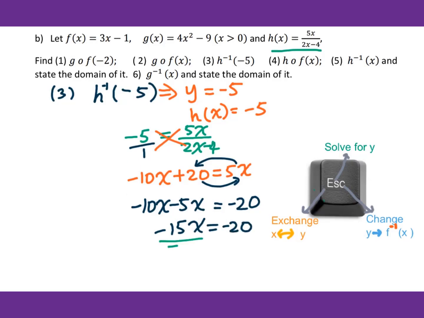Then we divide by -15 both sides. You will get x equals 4 over 3. In other words, inverse of h of -5 equals 4 over 3.